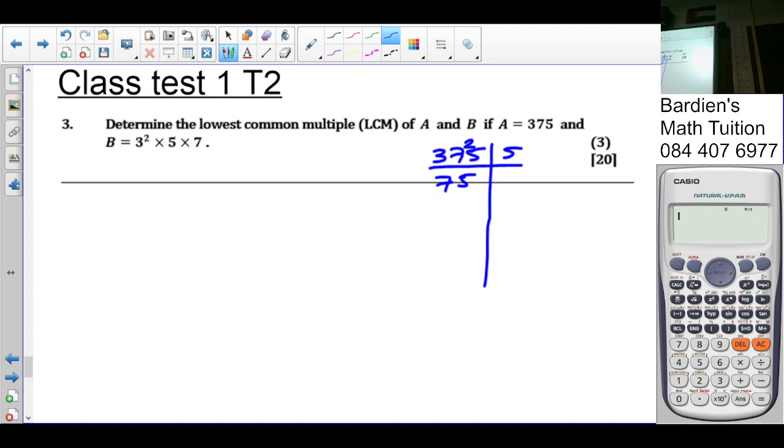Again, you can see 5 can go into this. So 5 goes into 75 how many times? 5 goes 1 carry 2, it's 15. So 5 can go in again. 5 goes 3 times, and 3 goes 1. So A is going to be 5 times 5 times 5 times 3, so it's 3 times 5 cubed.